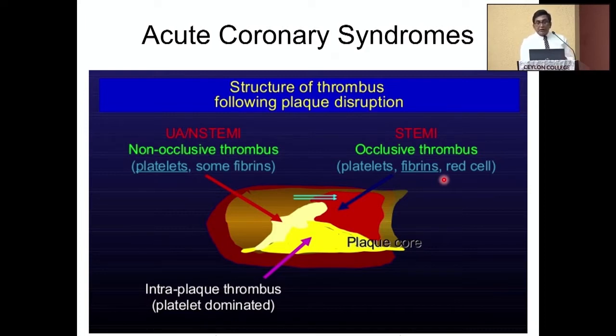It causes platelet thrombi, white thrombi, and then gradually progresses to red thrombus as fibrinogen joins and causes a large thrombus. It presents as unstable angina or non-STEMI when the platelet thrombi get embolized, causing microinfarcts and troponin rise with non-ST elevation, or the vessel is totally occluded, causing ST elevation MI.